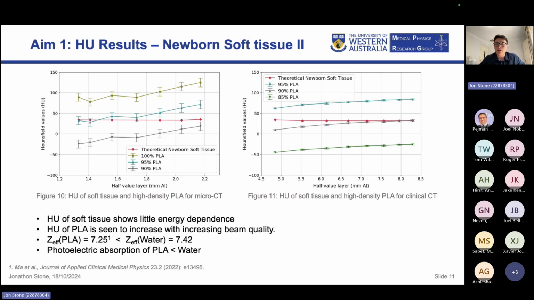However, we can see that HU of PLA is increasing with beam quality. That's because the effective Z number of PLA is thought to be less than the effective Z number of water, being 7.25 compared to 7.42. This means that at lower energies, the photoelectric absorption of PLA is less than that of water, decreasing the HU of the PLA. But overall, we can still see it's quite a similar trend to soft tissue. We've just zoomed in.